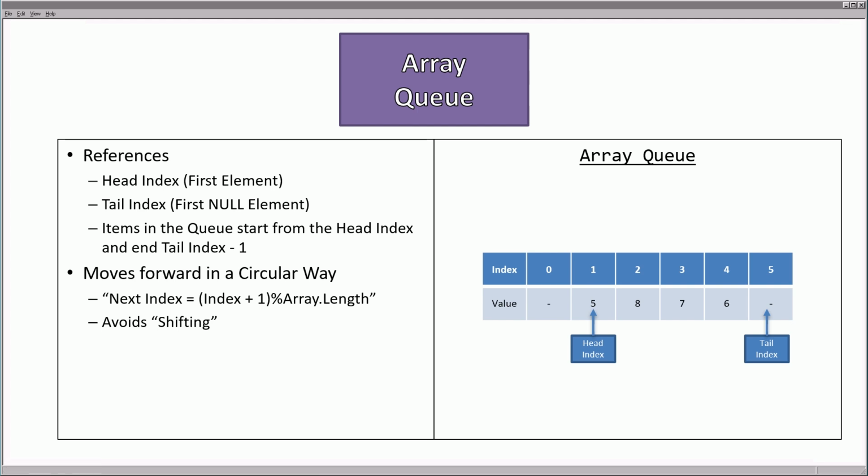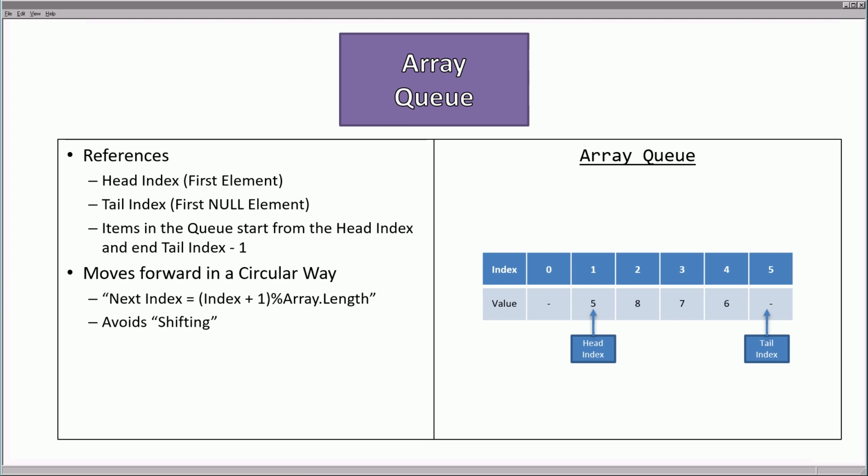In order to make this as efficient as possible, what we do is we have the head index and the tail index both be movable. But in order to make this work correctly, we need to advance head and tail in a circular way.